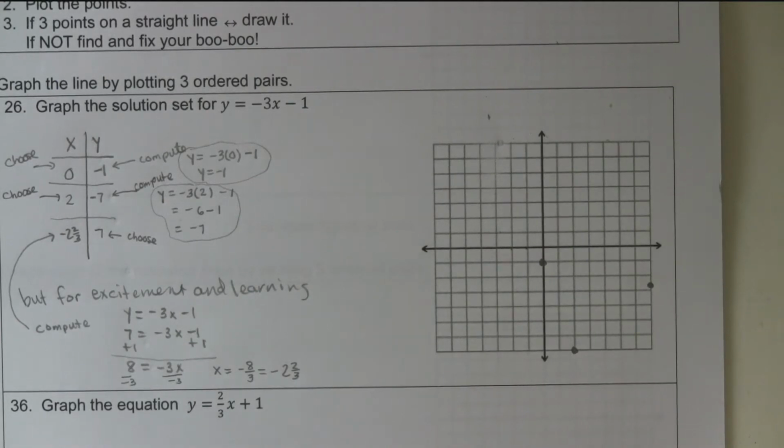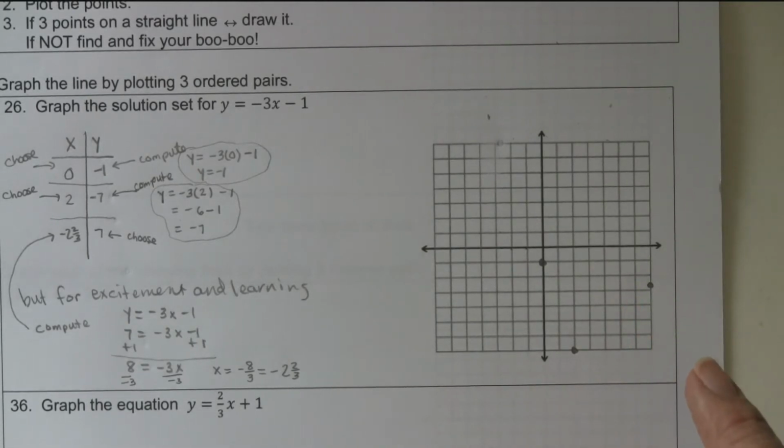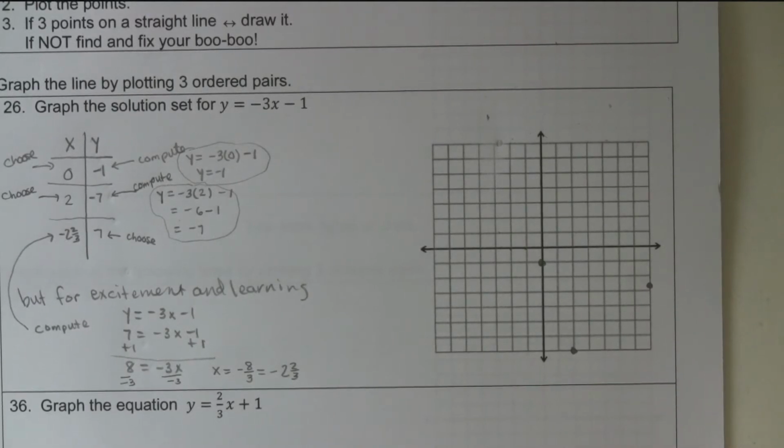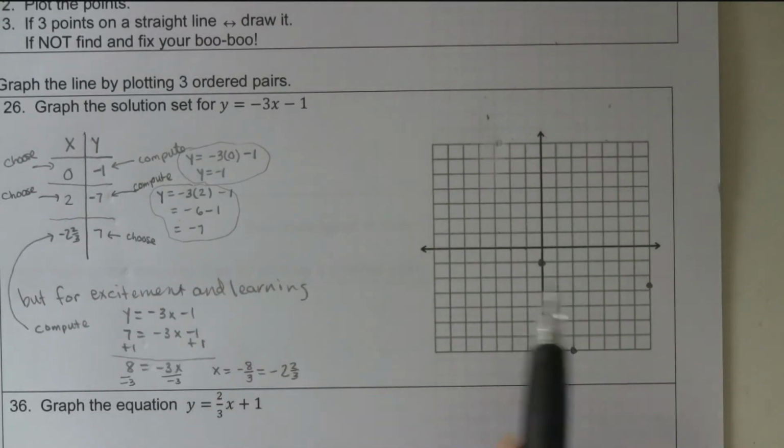Now, I don't know which point is a mistake. I only know that there is a mistake, because you don't usually purposely make a mistake. And so what I would suggest, if you get a triangle, is that you first go and check that you plotted the points correctly.